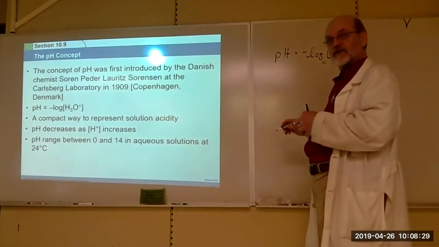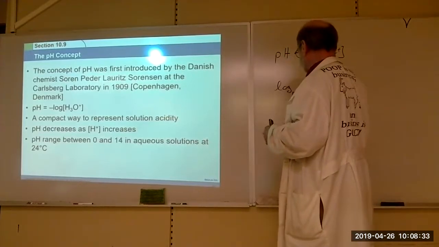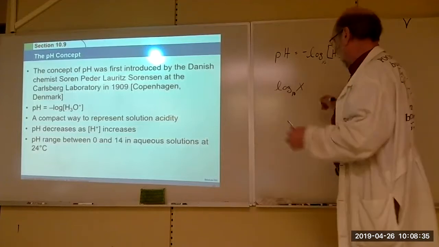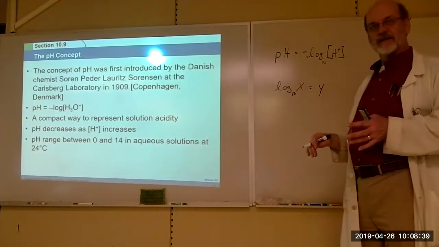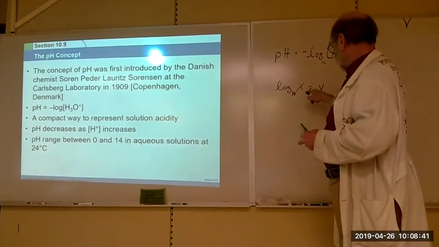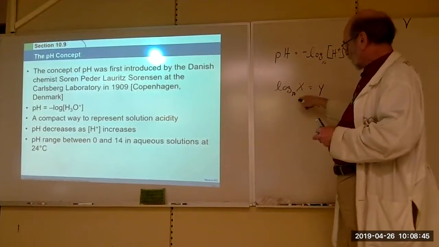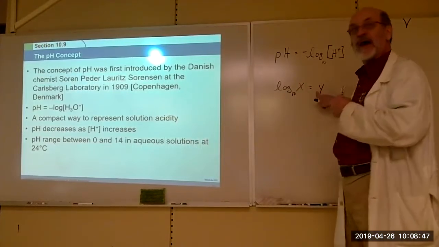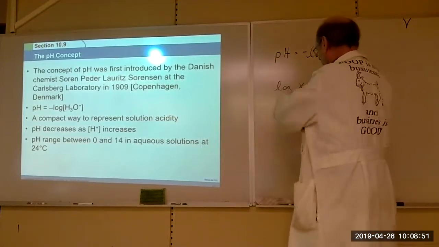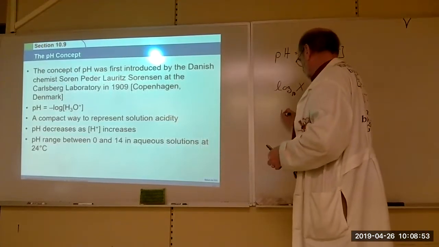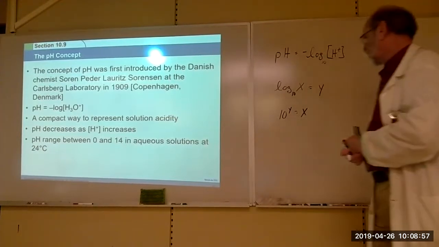The definition of a log. So if you have the log, in this case, base 10, of some value x is equal to y, what does that mean? That means that 10 to the y power equals x.